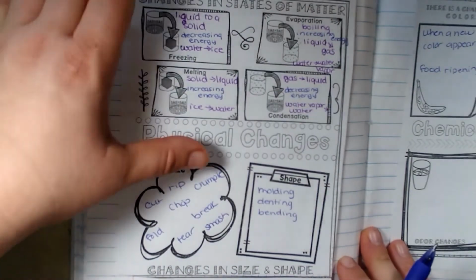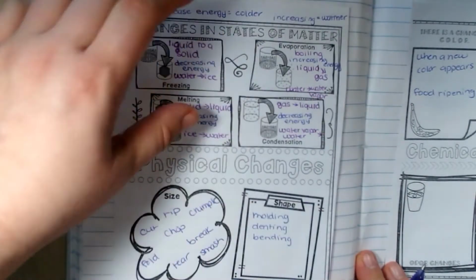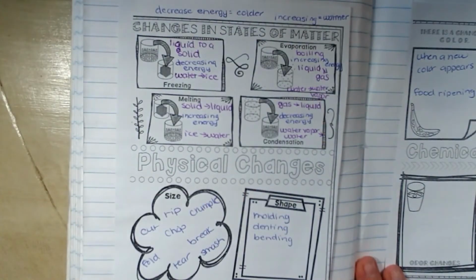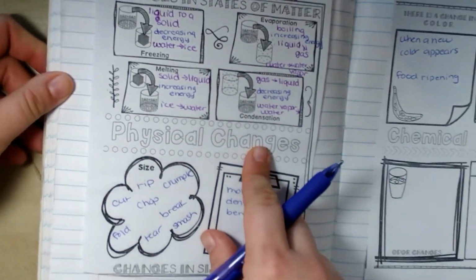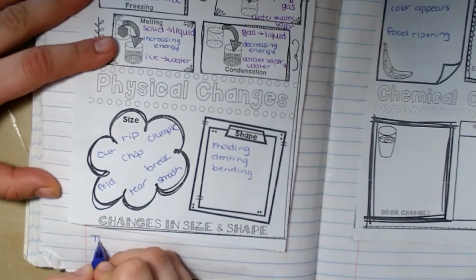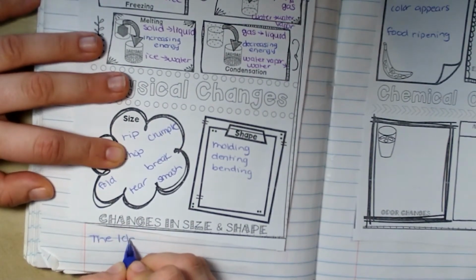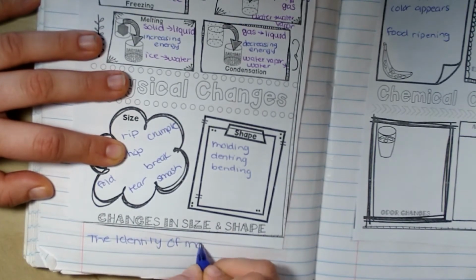So all of these are physical changes. Everything on this page are physical changes: changes in states of matter, the size, and the shape. And now we're going to be moving on to chemical changes. So in a physical change, the identity of the matter stays the same.